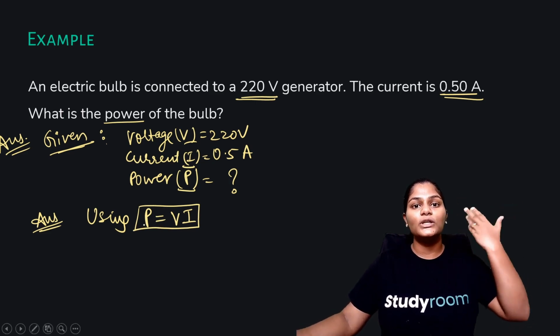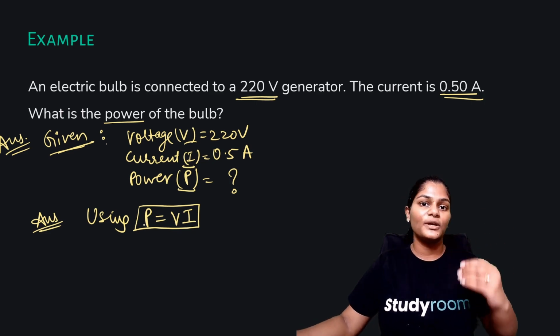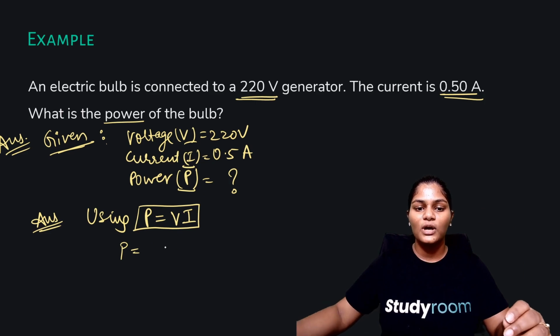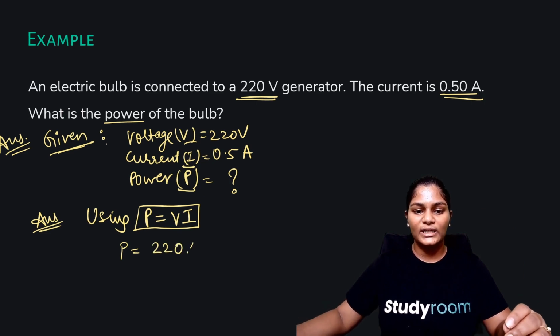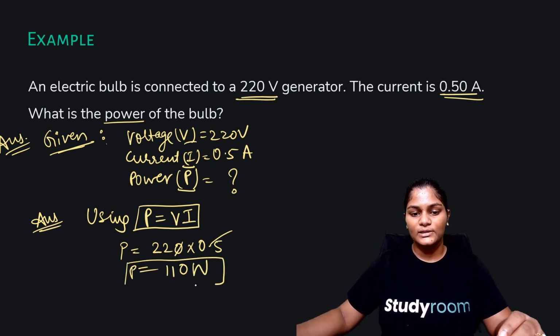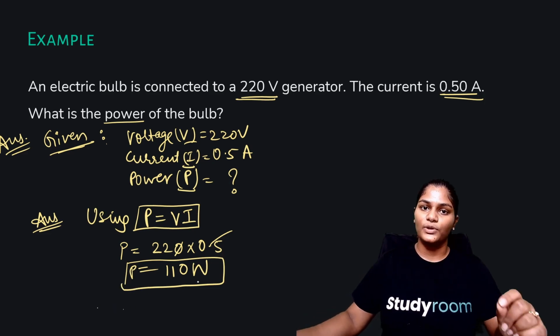So you know the logic behind it, but now you have to have these formulas on your fingertips to be able to solve numericals. So we simply have to do P equal to voltage into current, 220 into 0.5. So this 0 is used in removing this decimal. 5 2s are 10, 5 2s are 10 and 1 is 11. So 110 watts is our answer. You just write one line here that 110 watts is the power of the bulb.